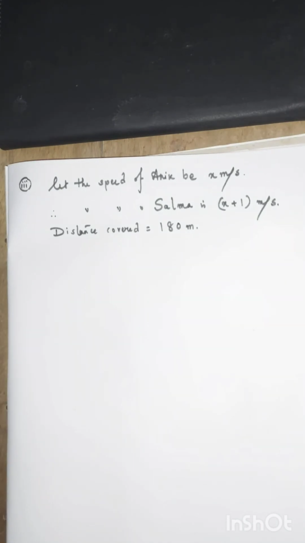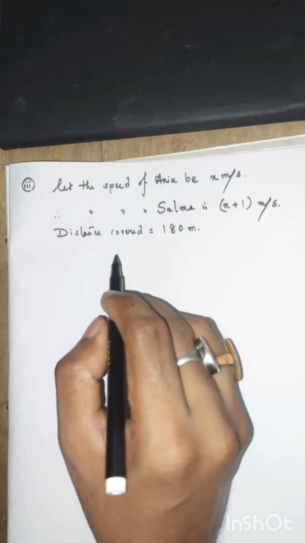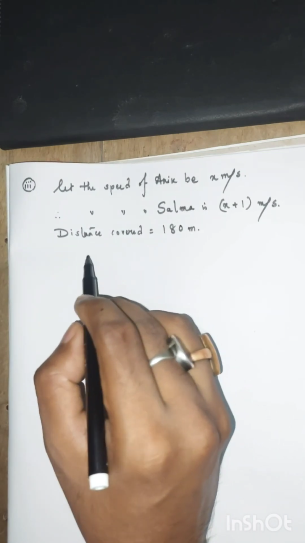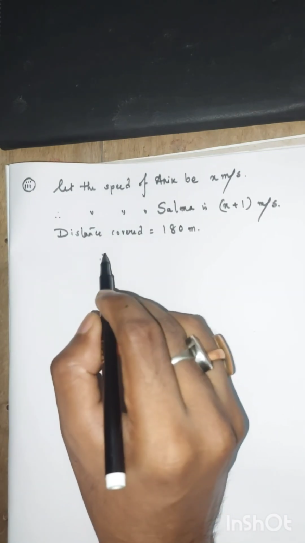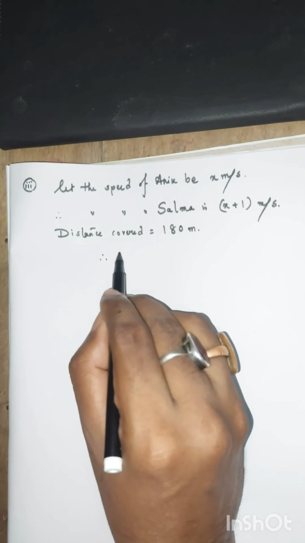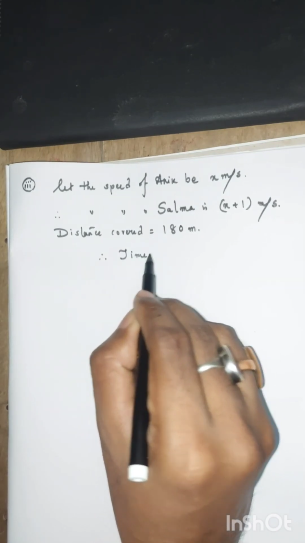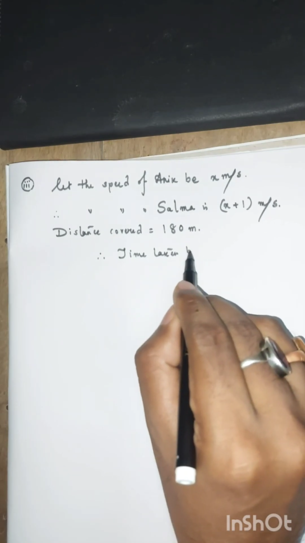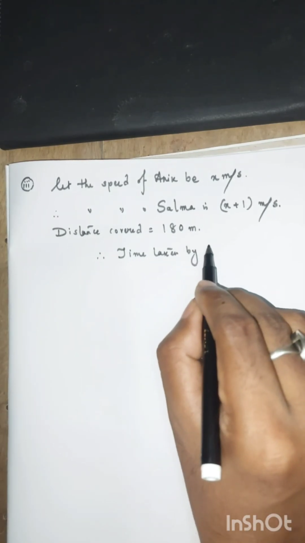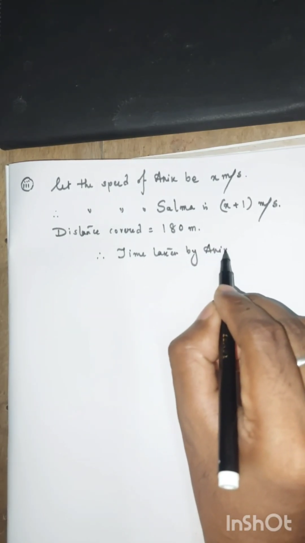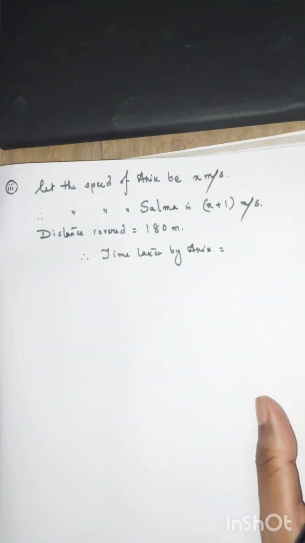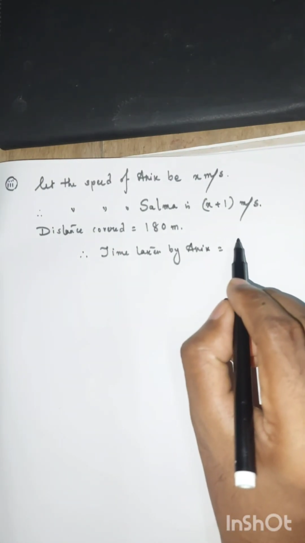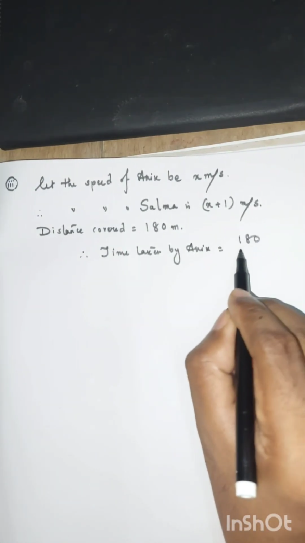So these are the given information, and we can write, therefore, time taken by Onik, distance by speed is time.